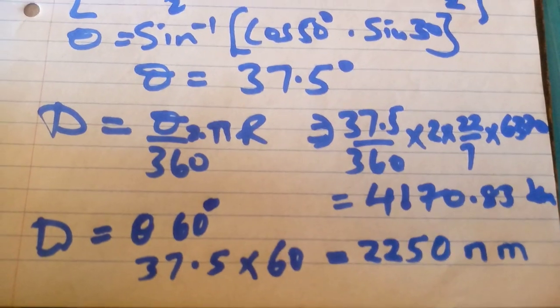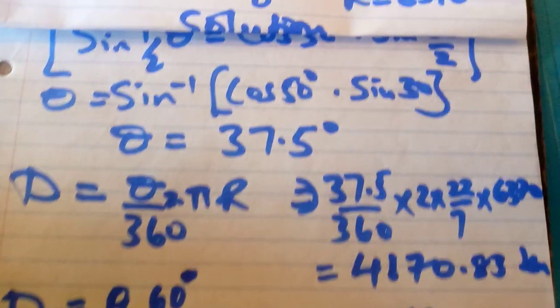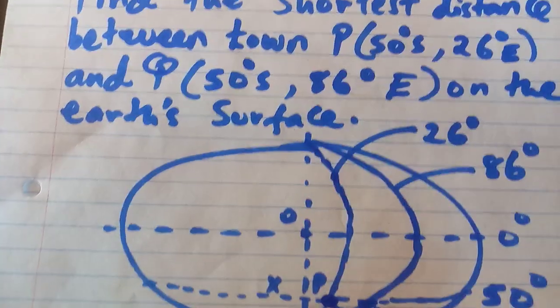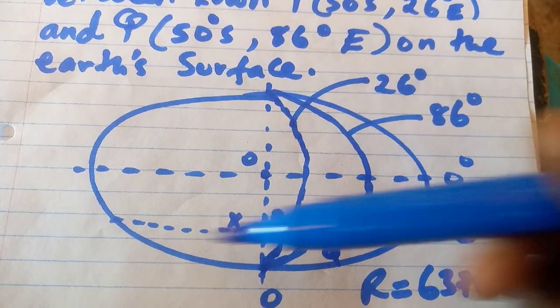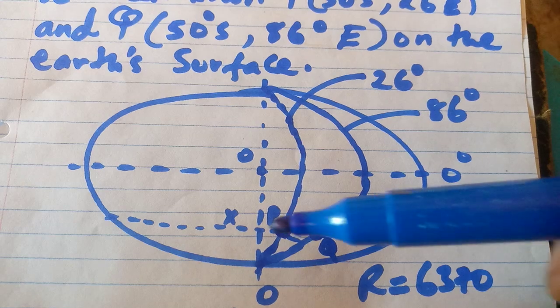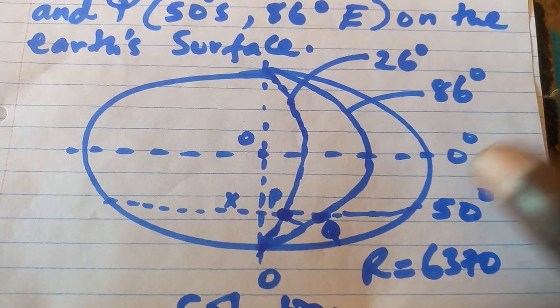Well, so we've managed to compute the distance between these 2 points, P and Q. The first approach was along the parallel of latitude, and another one along the great circle.